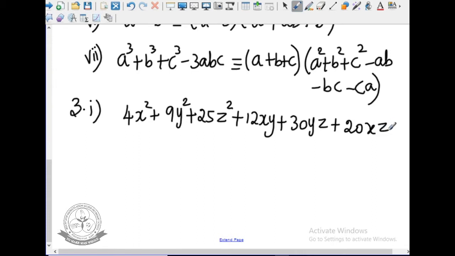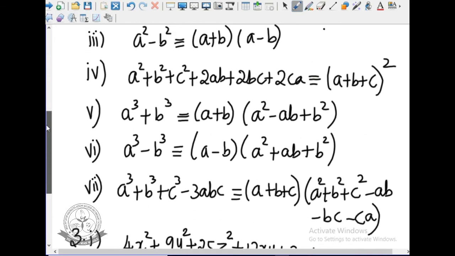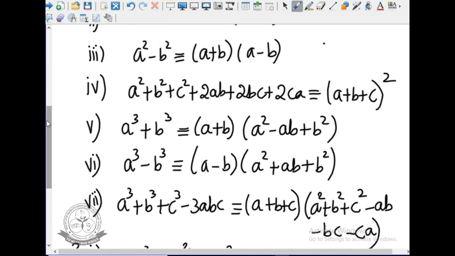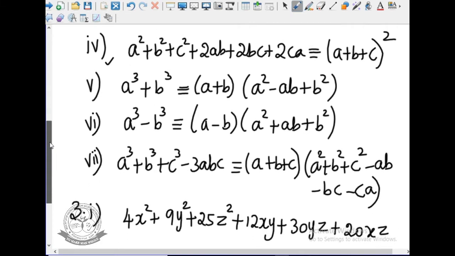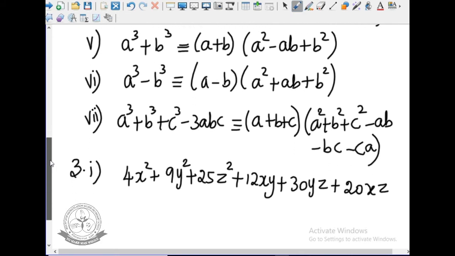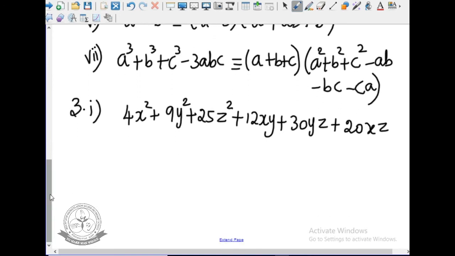First we should know which identity we are going to use. That is very important. The question is in the form of the fourth identity. So a square plus b square plus c square plus 2ab plus 2bc plus 2ca is equal to a plus b plus c whole square. Like this we are going to use.